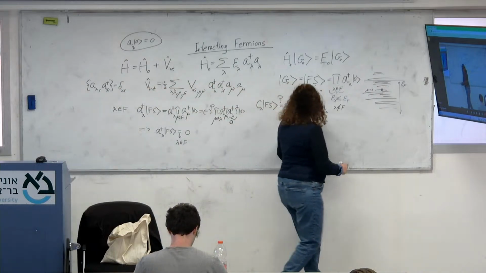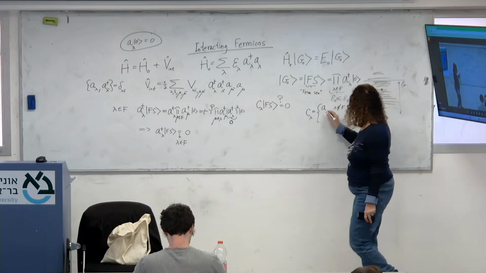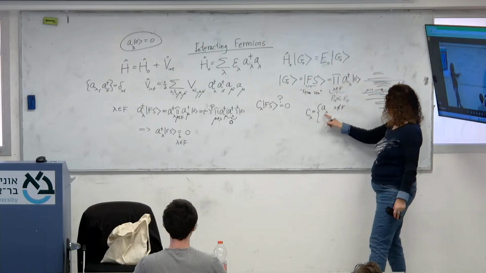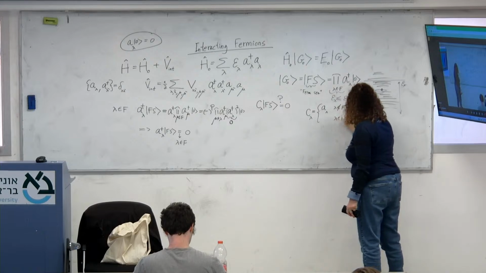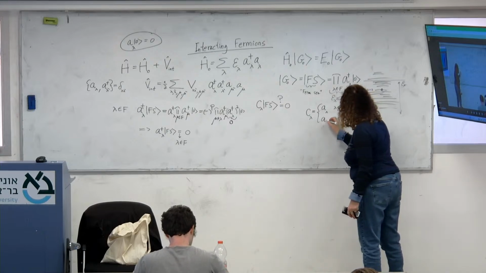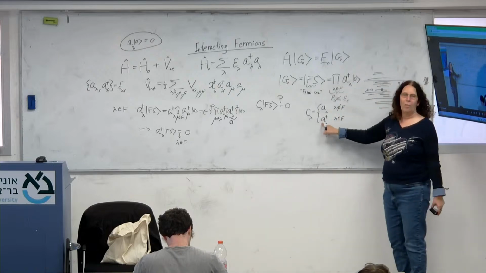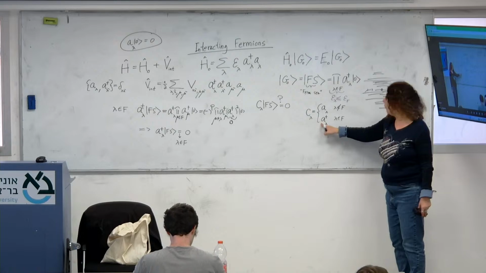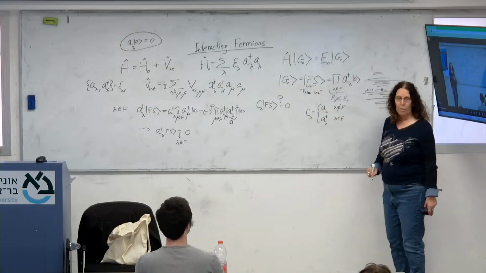Okay? So my more general annihilation operator can be expressed in this way. I can split it into two cases. If lambda is inside F, it's actually given by the original creation operator of the particle, and otherwise it's the annihilation operator.